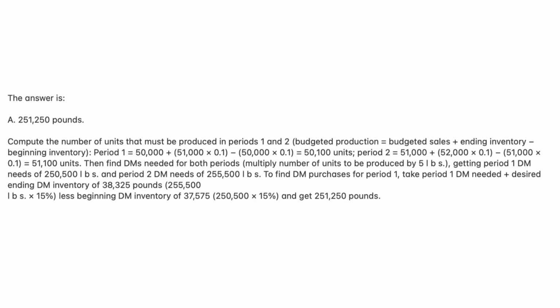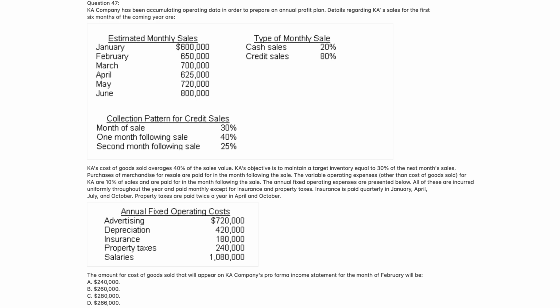To find DM purchases for period 1, take period 1 DM needed plus desired ending DM inventory of 38,325 pounds, 255,500 lbs times 15%, less beginning DM inventory of 37,575, 250,500 times 15%, and get 251,250 pounds.